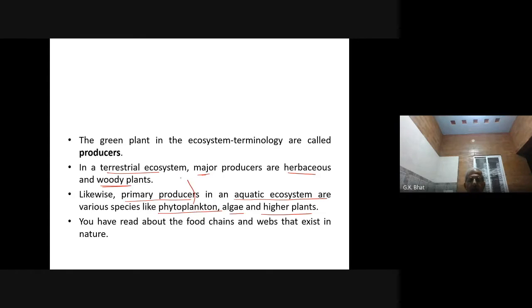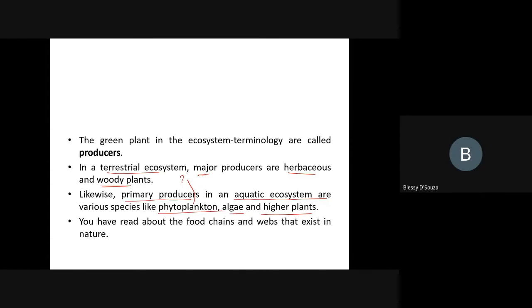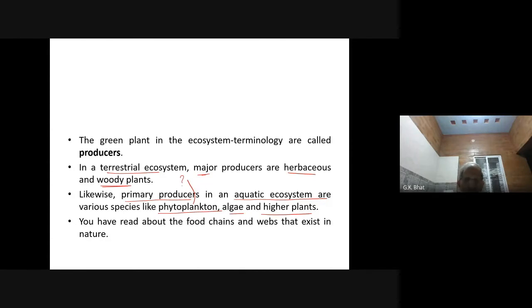What are these phytoplanktons? What are the phytoplanktons?